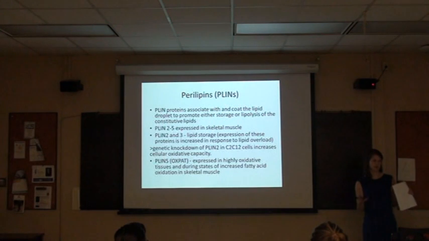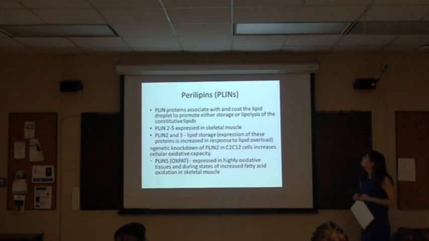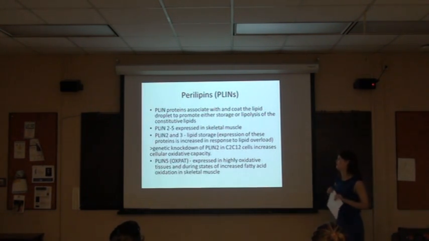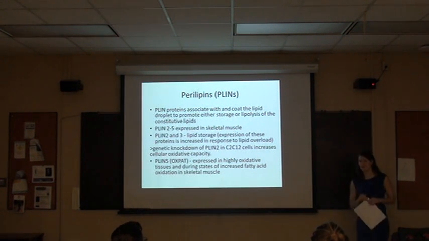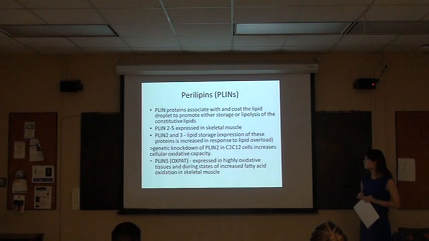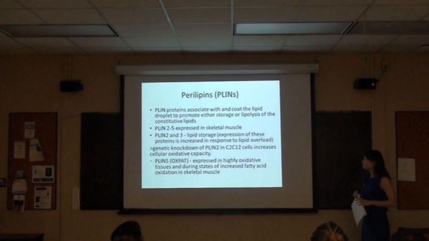You can think of lipid oxidation of the lipids that they're packaging. So there is PLIN 2 through 5, and they're all expressed in skeletal muscle, which was important for us to know. PLIN 2 and 3 promote lipid storage, and you can obviously probably think that expression of those is increased when the cells go through lipid overload or are fed high amounts of lipid.